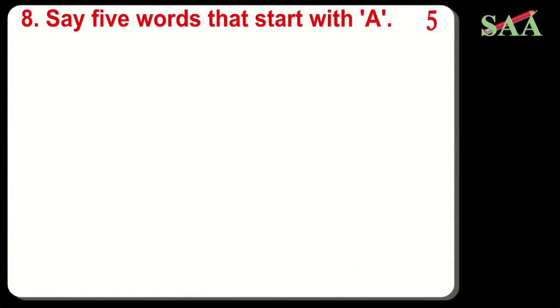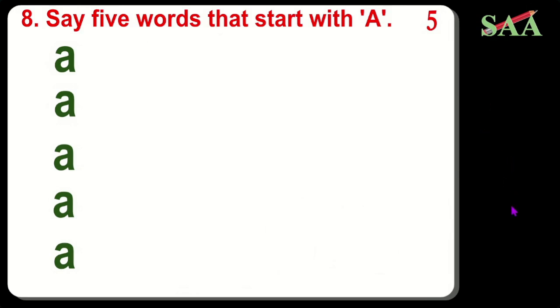And here, say the first word. A for. Tell me any words which start with A. Aeroplane. Okay. Apple. Okay. Apricot. Okay.